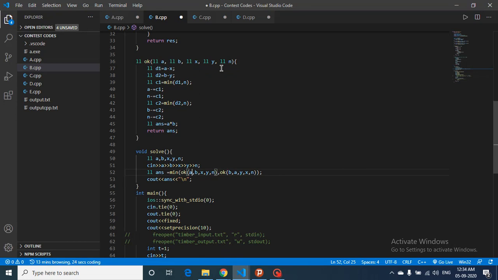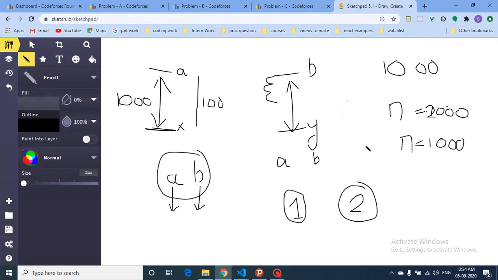So if you are using n for the first pair, let's assume n is equal to 1000 and the difference between them is equal to 100. Now how much can you decrease? You can decrease by the minimum of the difference and n, because whichever is smaller, you can only do that many steps.